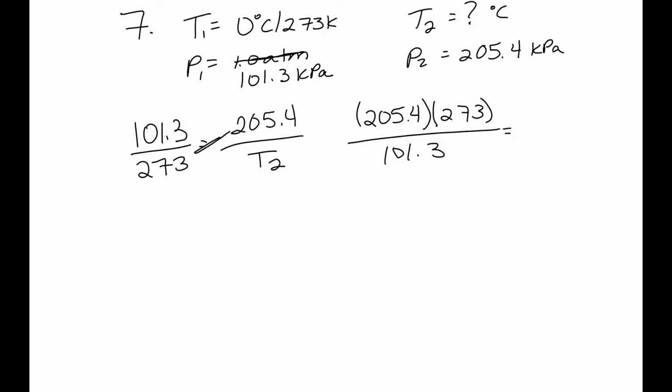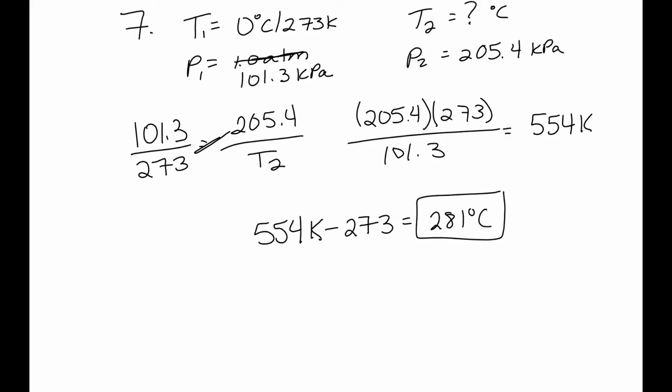And when we do that, we get 554 K. Now, we want it in Celsius. Told you, all my answers, unless I specifically ask for the temperature in Kelvin, you want them in Celsius. So it's 281 degrees Celsius. Now it's also pretty warm. Okay, so that's that answer.